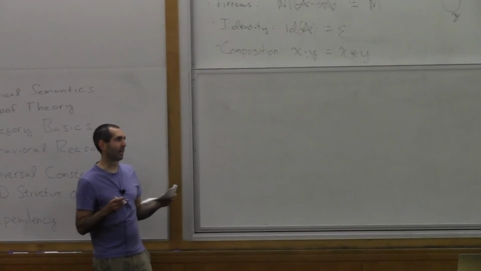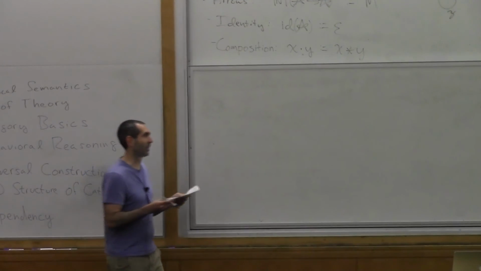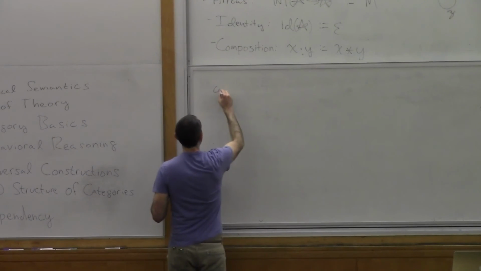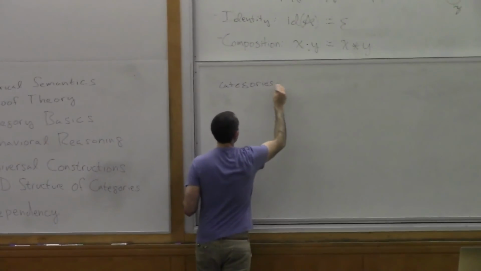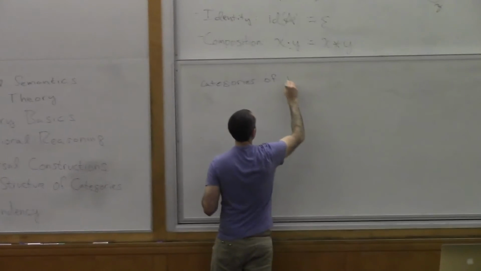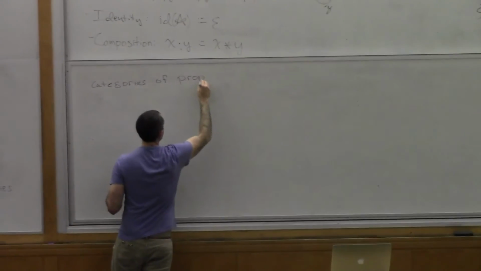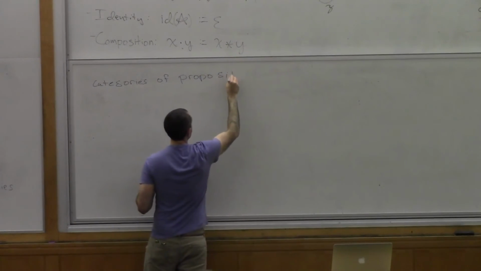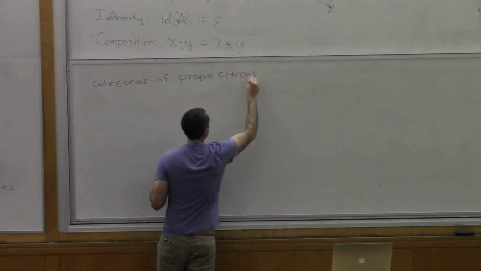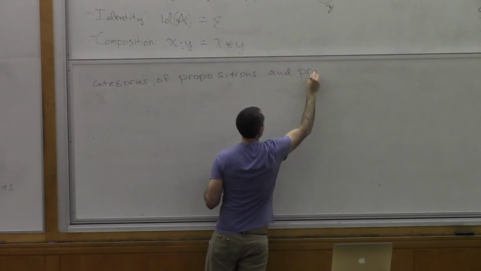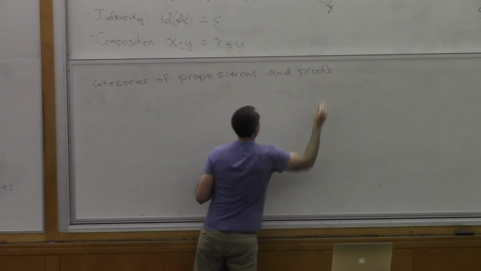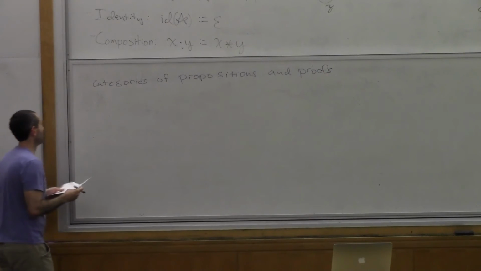So this is just a sketch because we don't yet have enough information to explain this, but we want to have categories that have something to do with propositions and proofs.